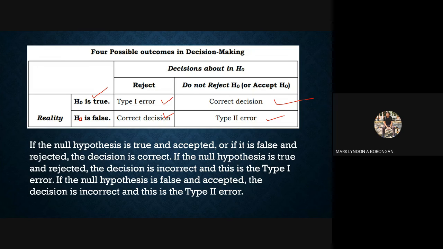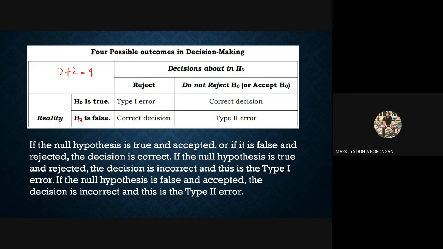So that is the four possible outcomes. Let me go back and clear the board. If our null hypothesis is true and you reject it, for example, 2 plus 2 equals 4, that will be our null hypothesis.